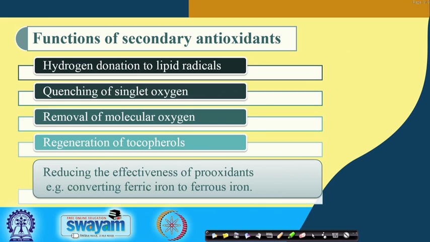There are various metal ions and other agents which act as pro-oxidants in food materials. So, these secondary antioxidants are chelators etc. They reduce the effectiveness of those pro-oxidants, for example, they convert ferric ion to ferrous iron forms.